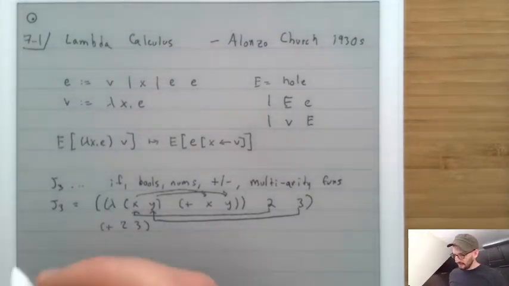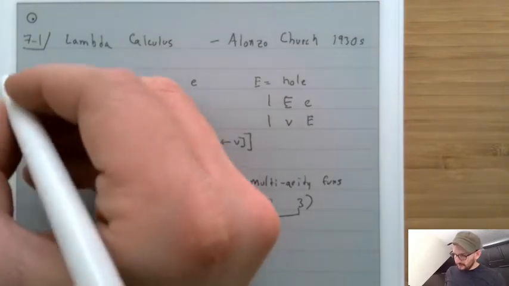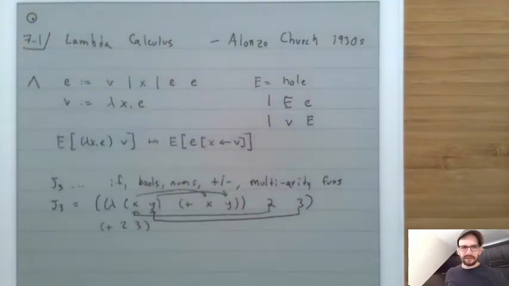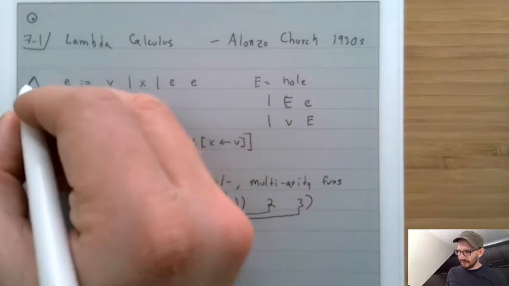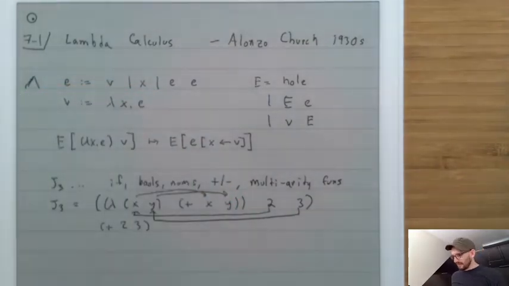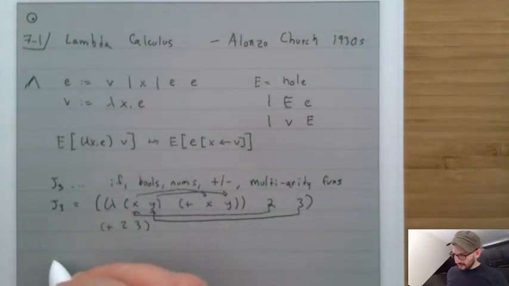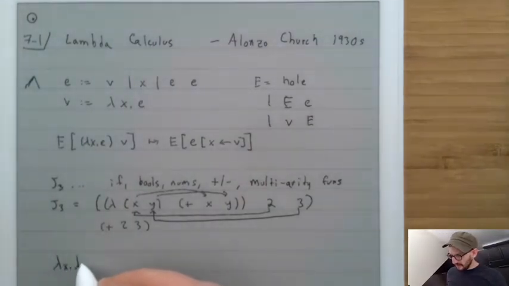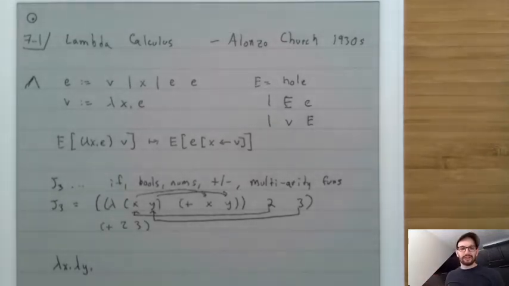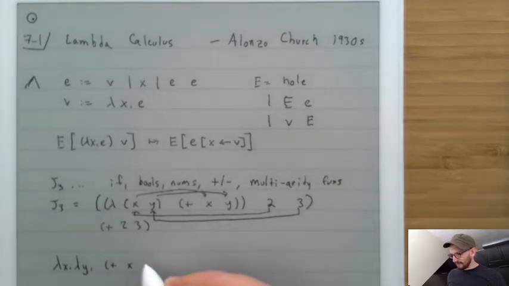In the Lambda Calculus, however, and by the way, we sometimes write the Lambda Calculus with a capital Lambda, which is like a triangle, we can write the same expression in the following way. We can write lambda x, lambda y, and then let's just imagine we have a function called plus. We'll talk about how to do that in a moment. Plus x y.